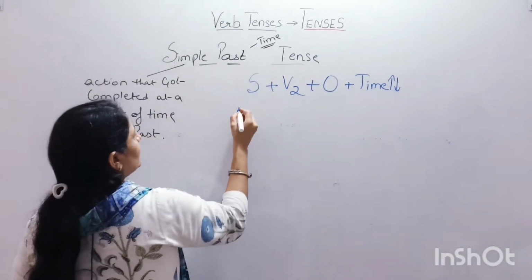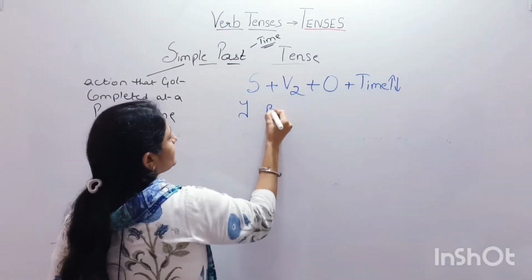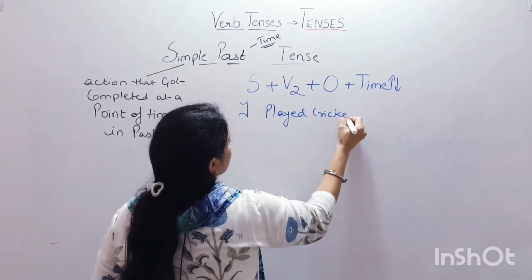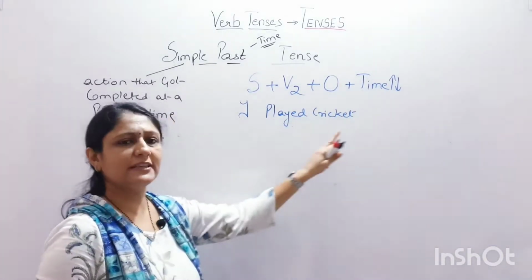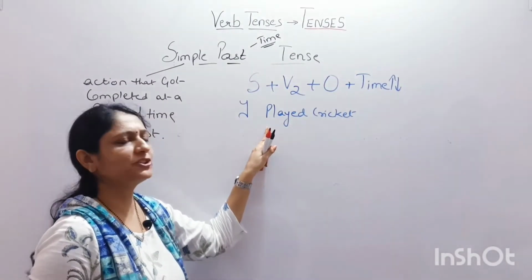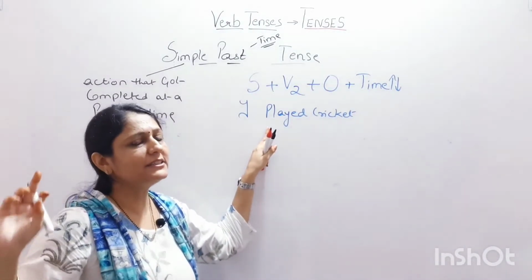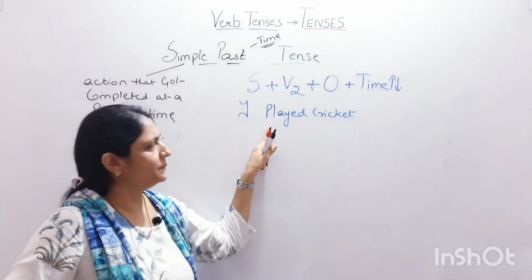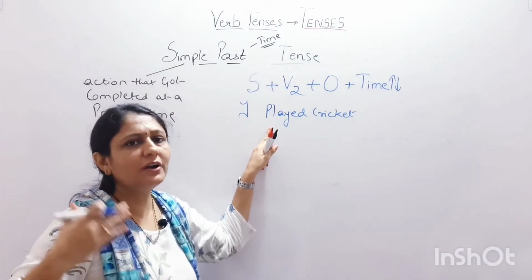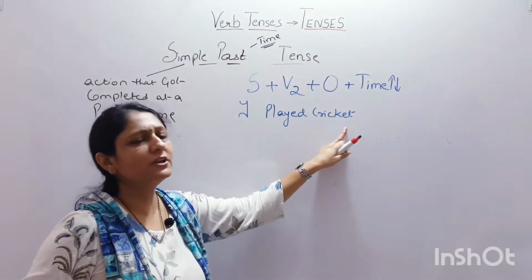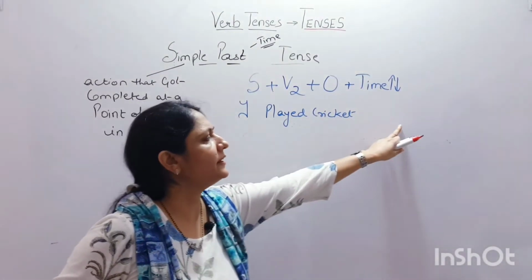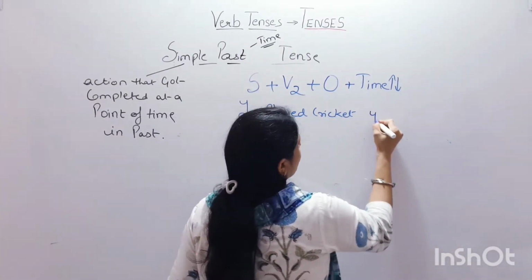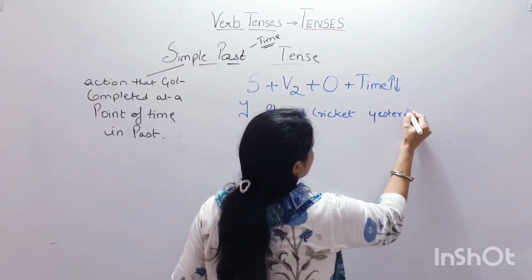I can say I played cricket. But this itself assumes that this action was completed in the time when it was early. मतलब a time which is not now. अगर मैं इसको और स्पेसिफिक करना चाहती हूँ, I can add a time here. I played cricket yesterday.